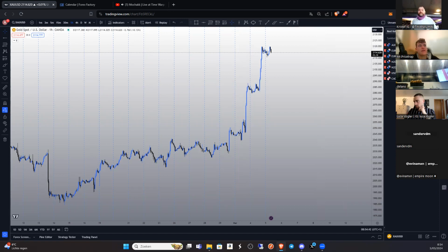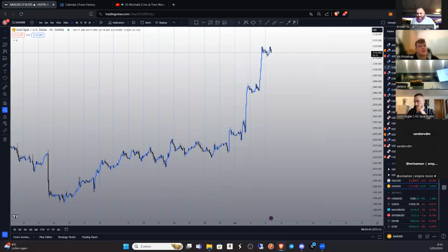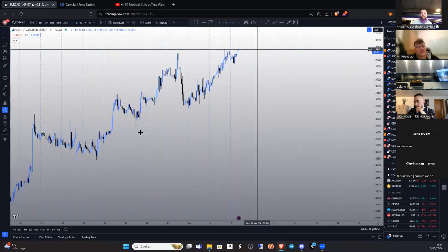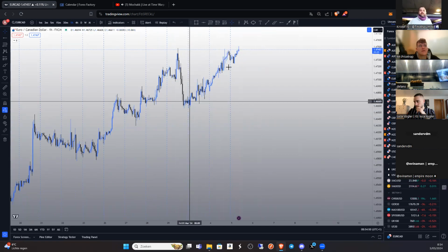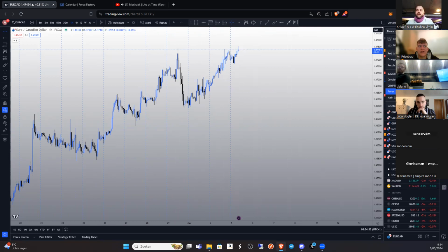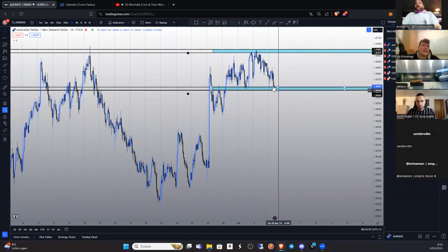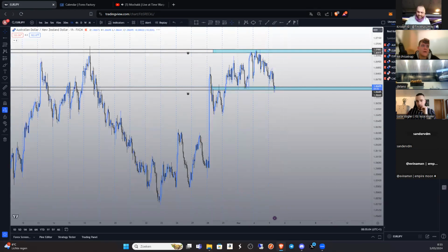Euro Canadian, I don't have Euro Canadian. Let me check. Yeah, I personally just don't like the charts. I don't have a clean structure or clean high or low that I can focus on to see that broke. All right, I'm just gonna keep it with that. So we have AUD NZD, which is now attacking that support zone. Let's see if we can respect it or starts moving up.